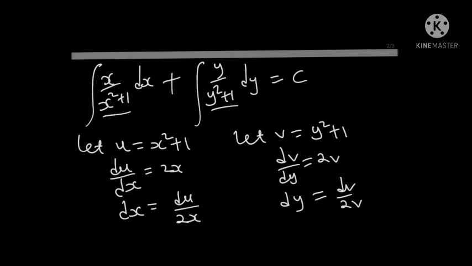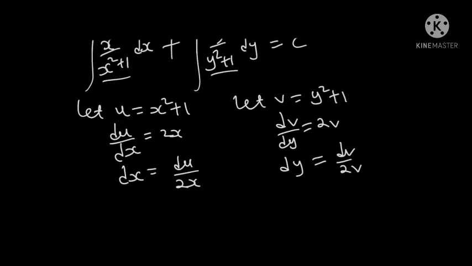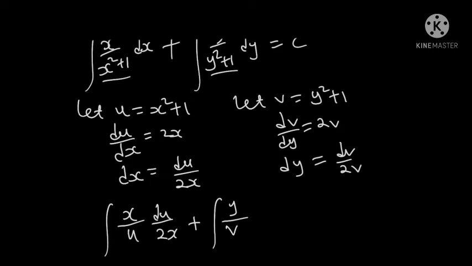We can now make the substitution. So we have the integral of x over u, and dx is the same as du over 2x, plus the integral of y over v, and dy is the same as dv over 2y, of course equals the constant of integration.